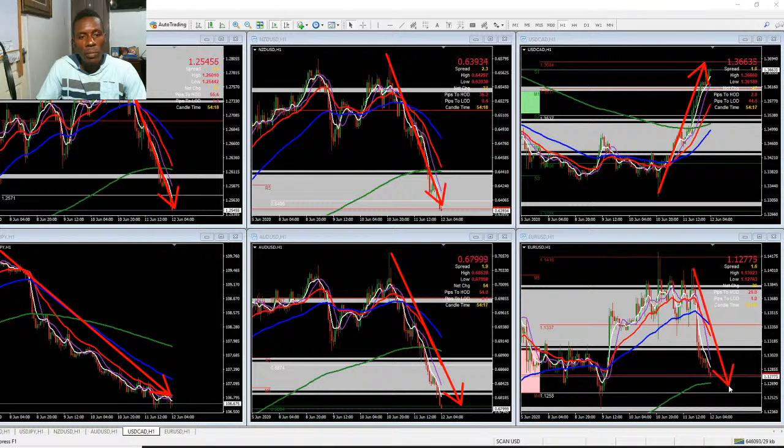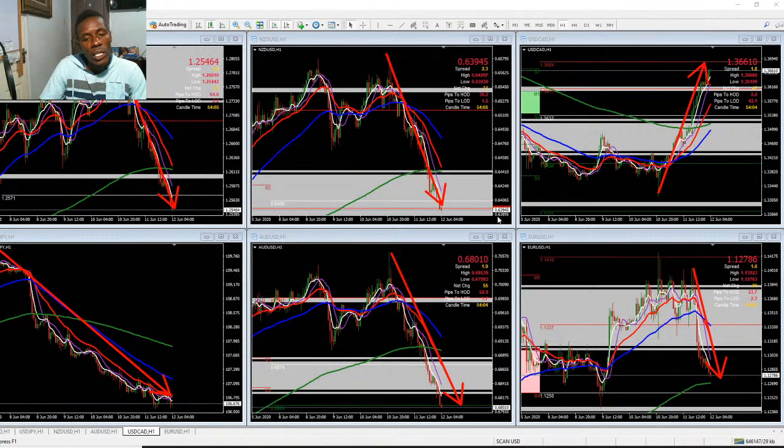Based on these six arrows, we can definitely see the euro against the dollar is not moving well. The euro has a little more strength than the CAD, the Kiwi, the Aussie, the pound, and even the yen, right?